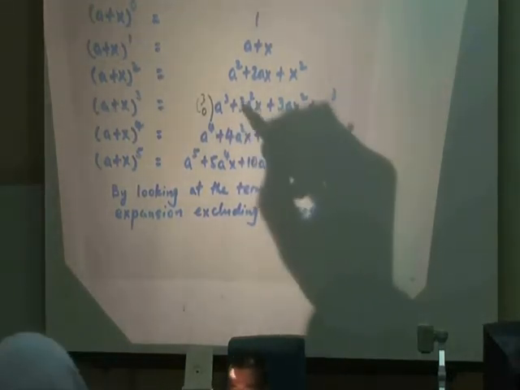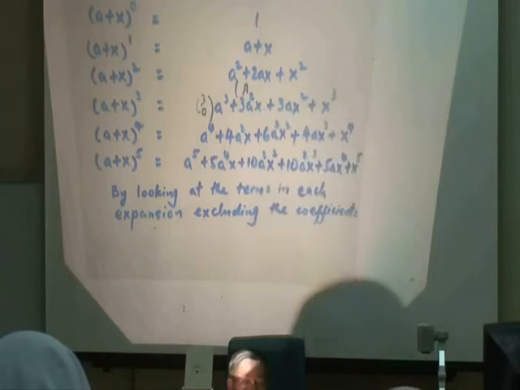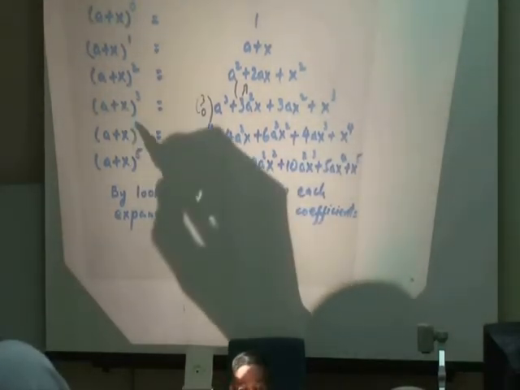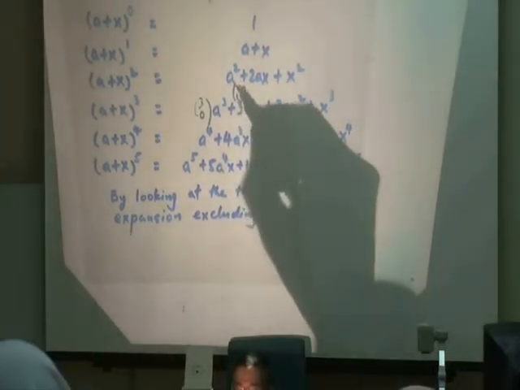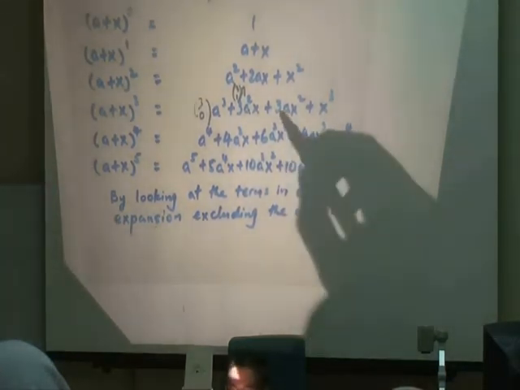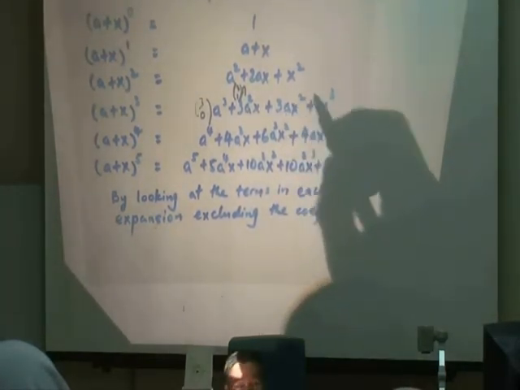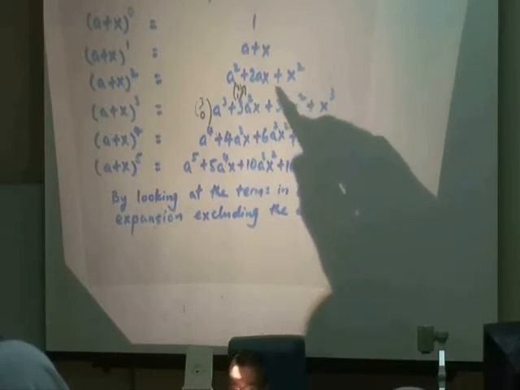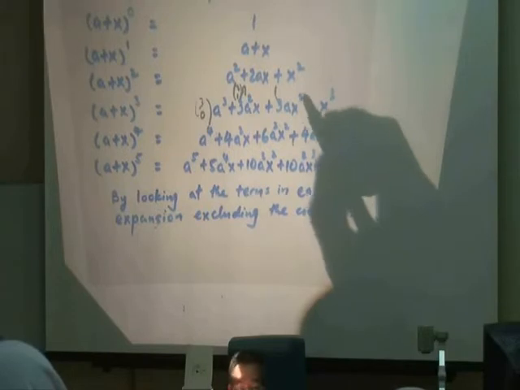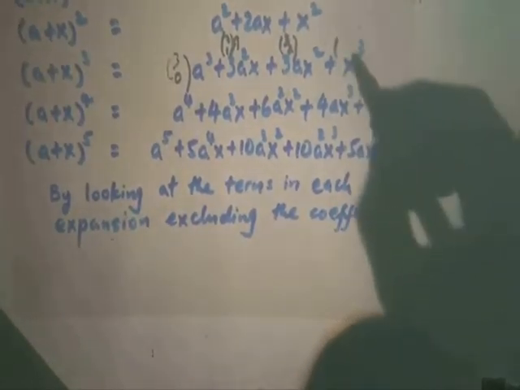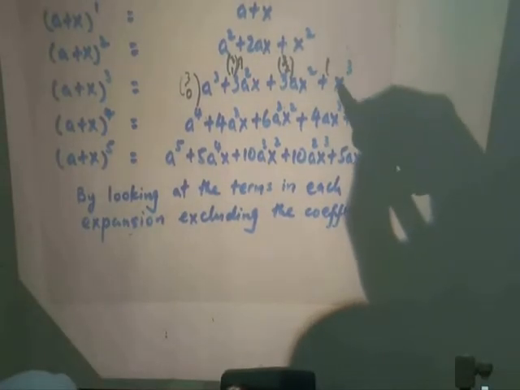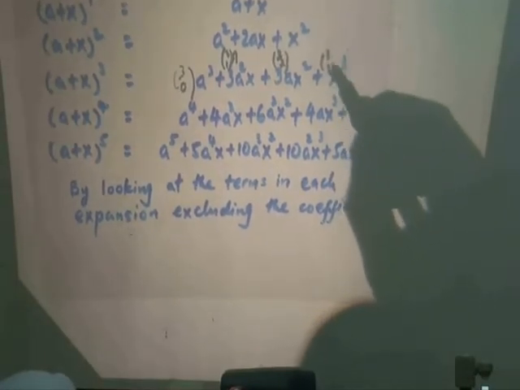Say we take the coefficient as a combination of x. Out of 3 x, we choose 1, therefore it is 3C1. The coefficient of the next term, out of 3 x we choose 2, therefore it's 3C2. For the last term, the coefficient is a combination of 3 x taken 3 at a time, so it's 3C3.